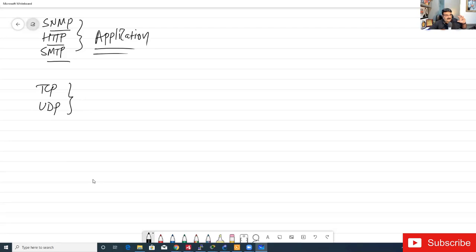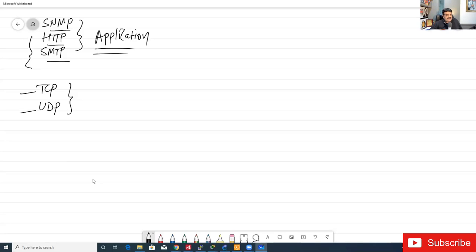Now these protocols have a problem: they cannot travel alone. They don't have the capability to travel into the network. So the system can use TCP and UDP as a transportation system.